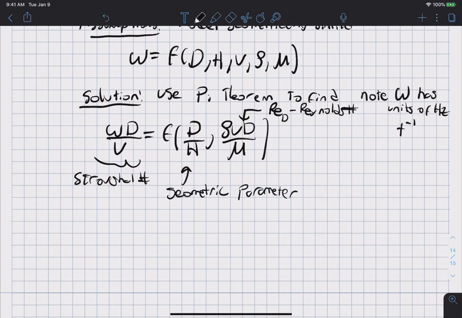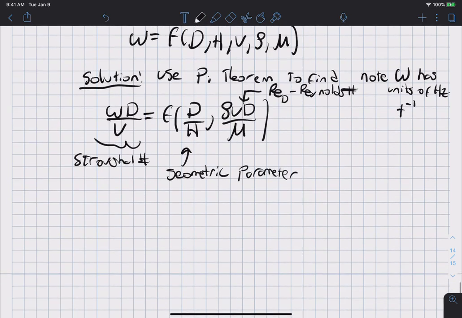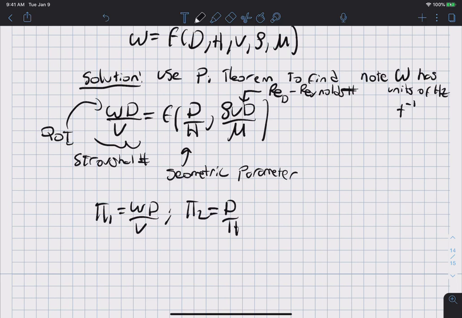And so with this, we have pi 1, which contains the quantity of interest, equals omega d over v. Pi 2 is a geometric parameter, which is d over h. And pi 3 equals the Reynolds number, which is rho V d over the viscosity.